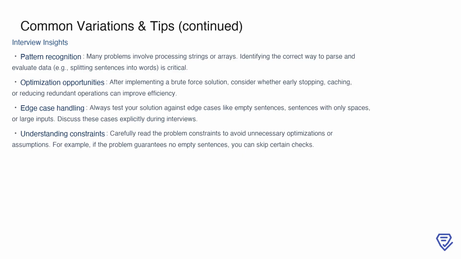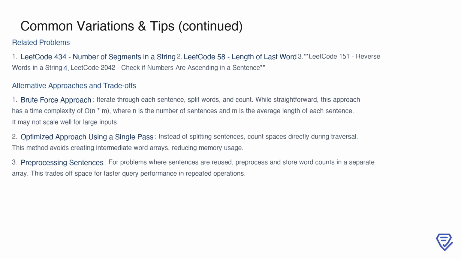Lastly, pay close attention to the problem constraints. If the problem guarantees no empty sentences, for instance, you can skip certain checks, saving time and resources. Understanding these constraints helps you avoid unnecessary work and focus on what's truly required. This problem shares similarities with other string manipulation problems, so practicing related problems can help you build a strong foundation.